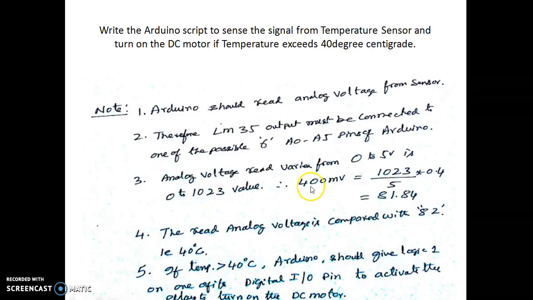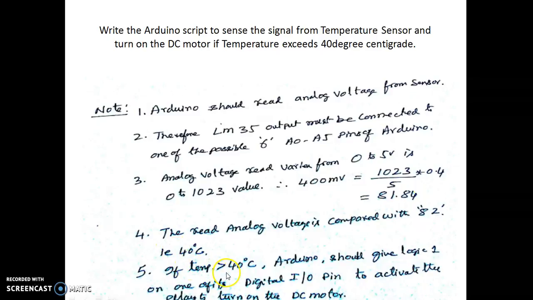Therefore 400 millivolt corresponds to 81.84 as the actual value coming into the Arduino board. So the analog value read from the temperature sensor is compared with 82, because this 82 corresponds to close to 400 millivolt.